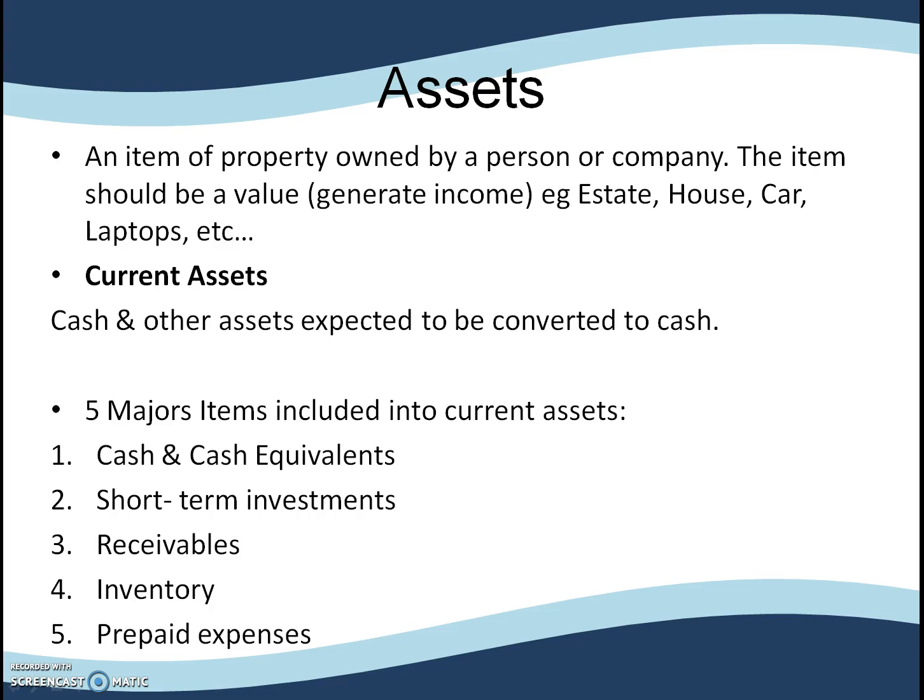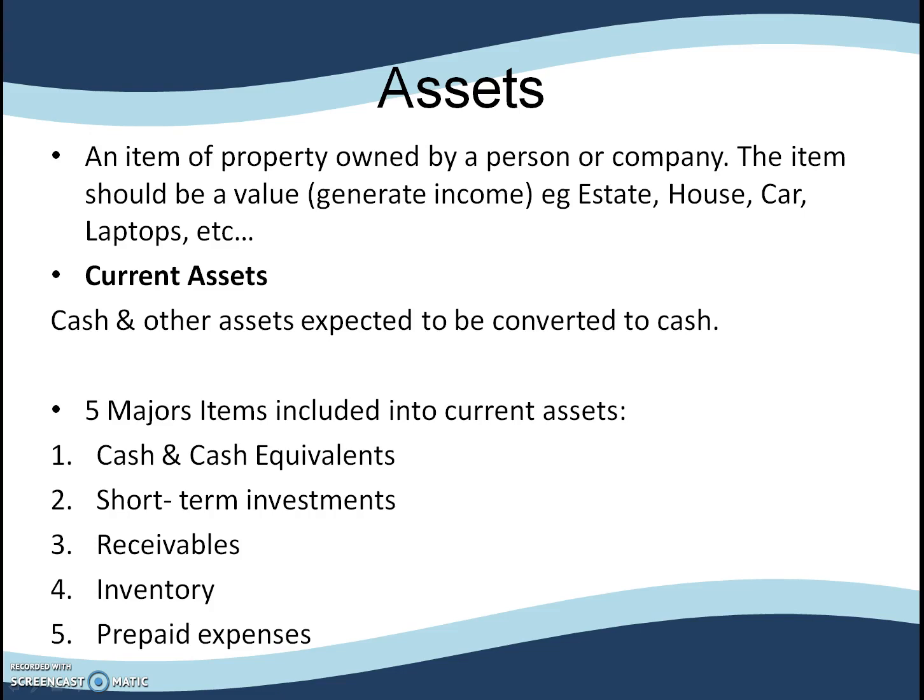Your current assets are cash and other assets expected to be converted into cash. These assets are continually turned over in the course of the business during normal business activity.